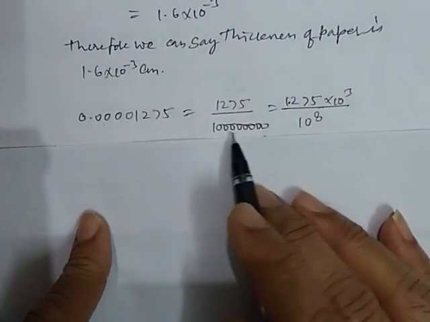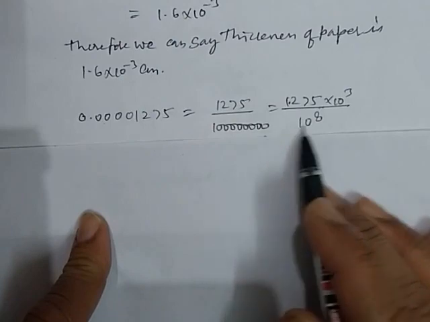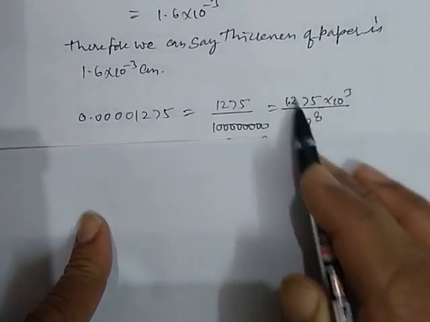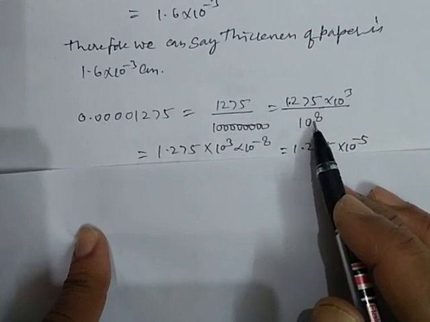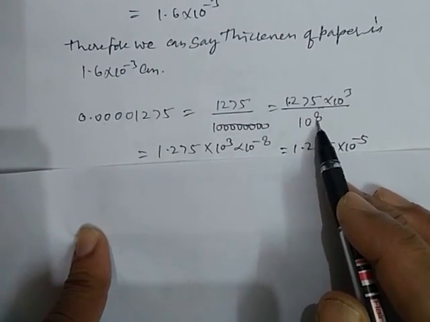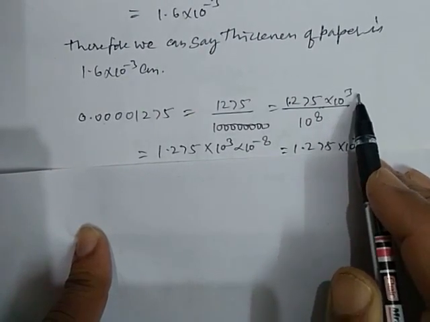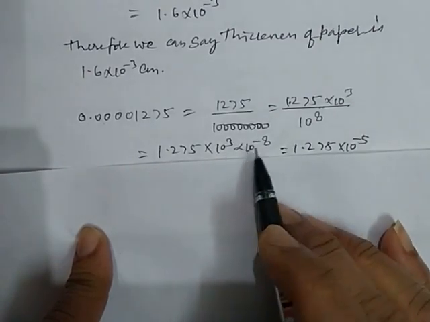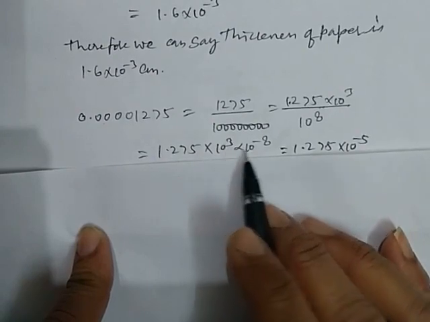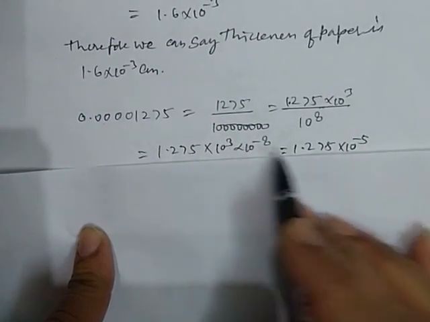And here is the 10 raised to the power 8. Now solve this. When we bring this 10 raised to the power 8 to the numerator, it becomes 10 raised to the power minus 8. Here the bases are the same, so the powers are added. Minus 8 and plus 3, that is minus 5.